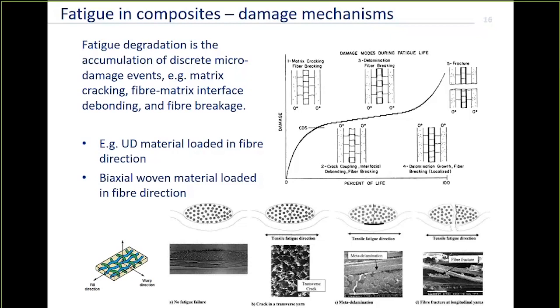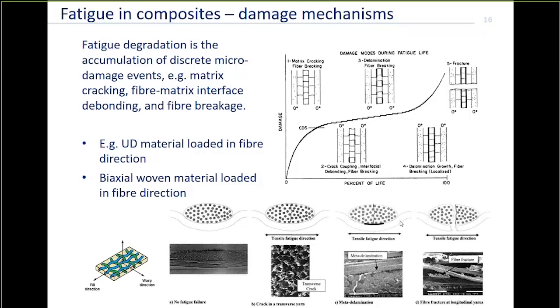In a woven composite, you'll often find that damage starts with cracking between the fibres of the transverse tows. So this is cracking basically through the matrix. That can progress to delamination between the tows, increasing local stress concentrations until fibre breakage starts to occur.